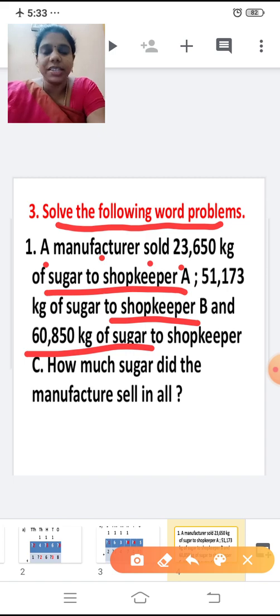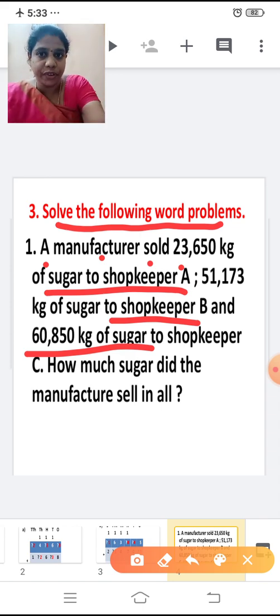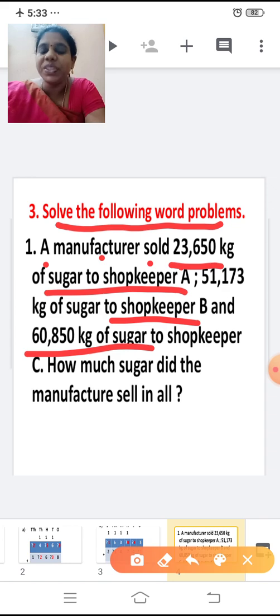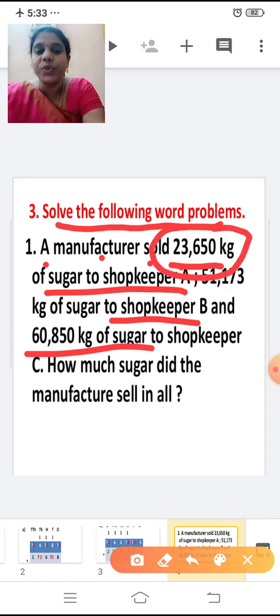See, the question is, a manufacturer will have a wholesale company. So what will he do? He will sell the things to different shops, right? So a manufacturer sold 23,650 kg of sugar to shopkeeper A. He is giving one shopkeeper this much quantity.